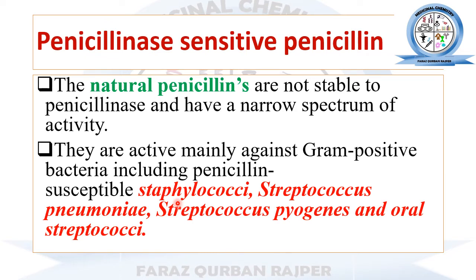They have a narrow spectrum of activity, meaning they will be inactive or ineffective against those bacteria which produce the penicillinase or beta-lactamase enzyme. Examples are Staphylococcus and Streptococcus pneumoniae and other species.